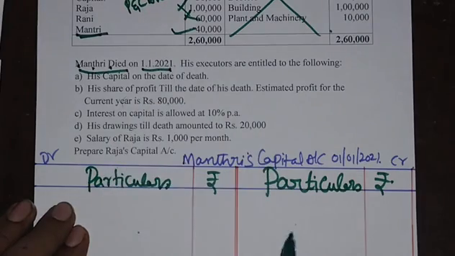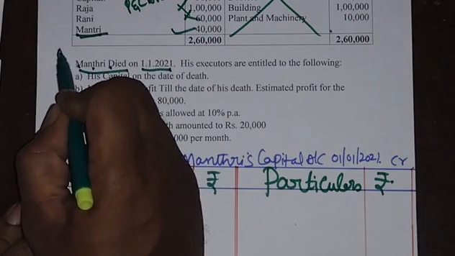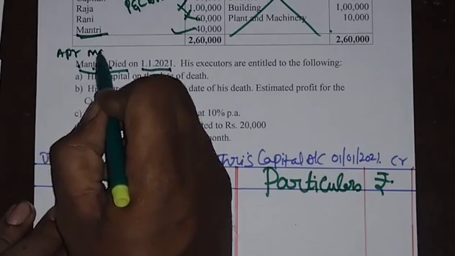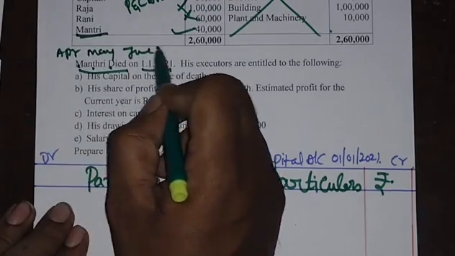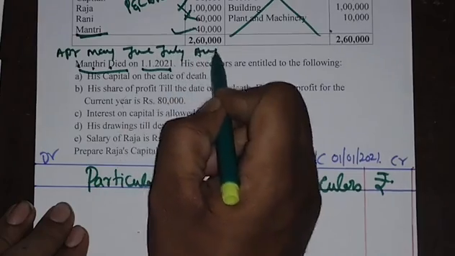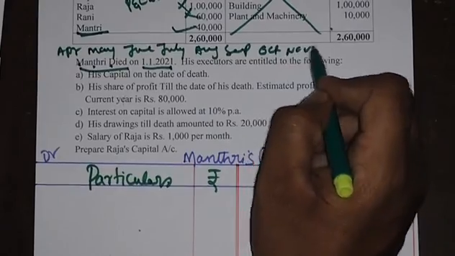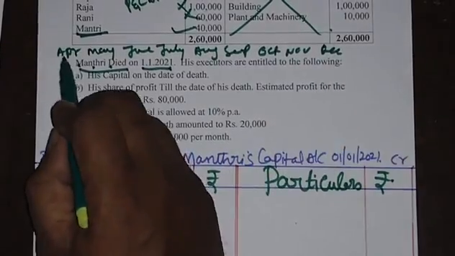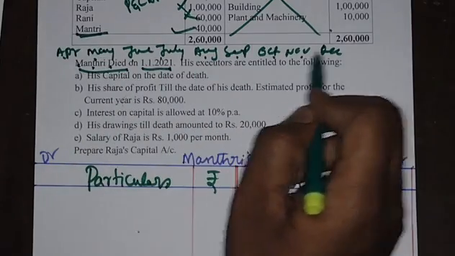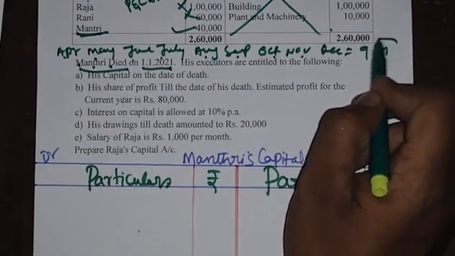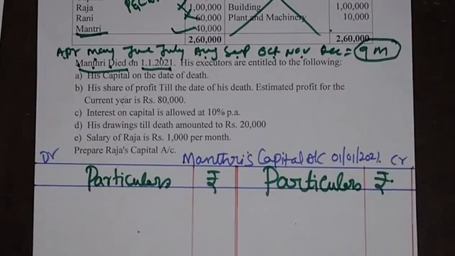It means that we need to calculate from April, May, June, July, August, September, October, November, December. 1, 2, 3, 4, 5, 6, 7, 8, 9 months. The partner survived in the business for 9 months.